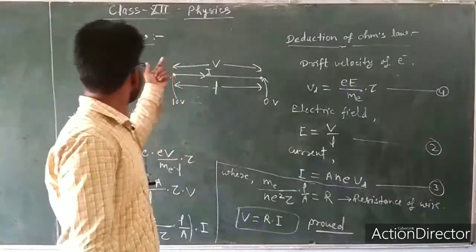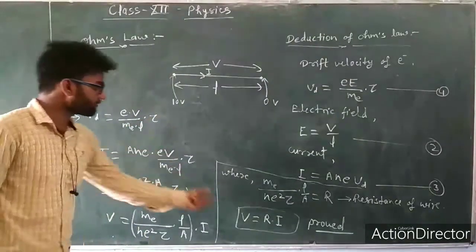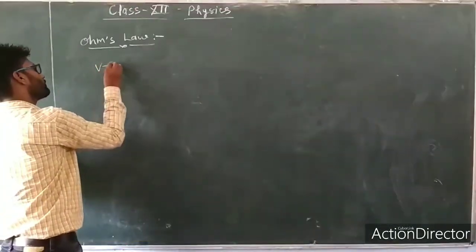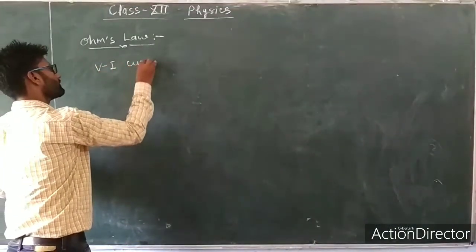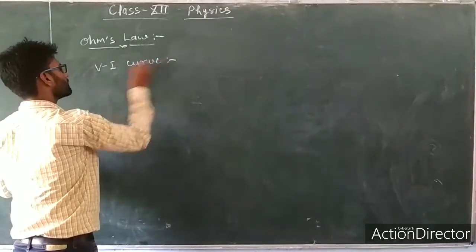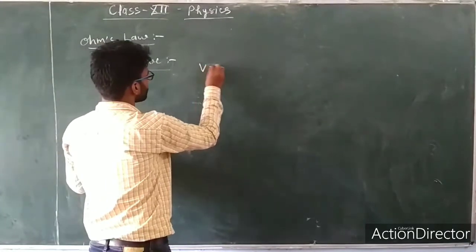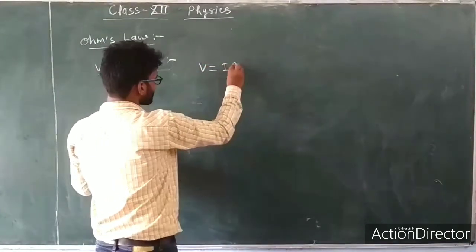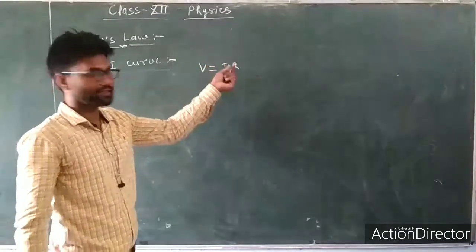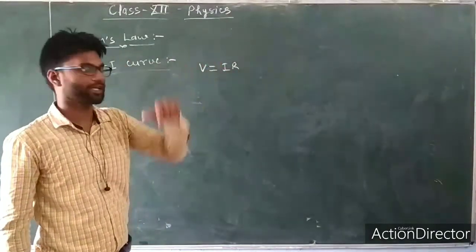Now after Ohm's law, we will talk about the VI curve, the voltage current curve. According to Ohm's law, V is equal to IR, where R is the resistance, a constant for a particular wire.